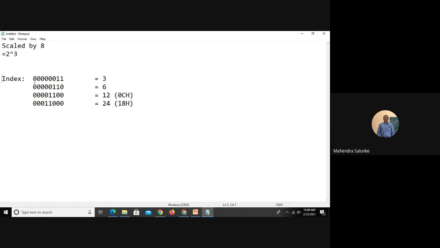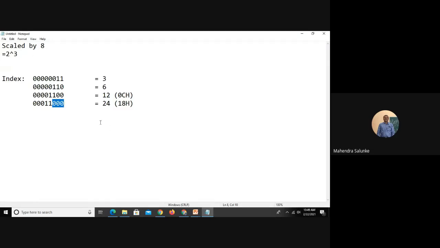Now here you can see, if you visualize the difference, the original index value will have its lower 3 bits as 0 0 0 after scaling it by 8.